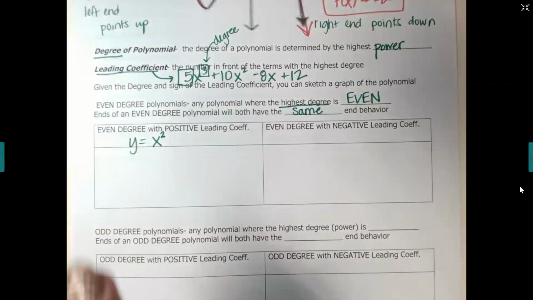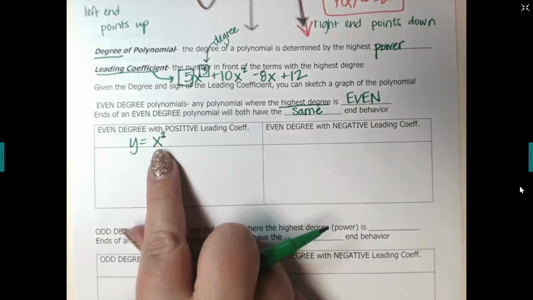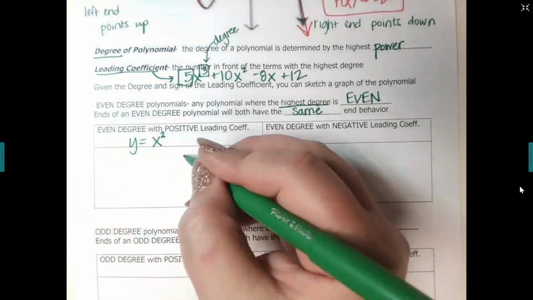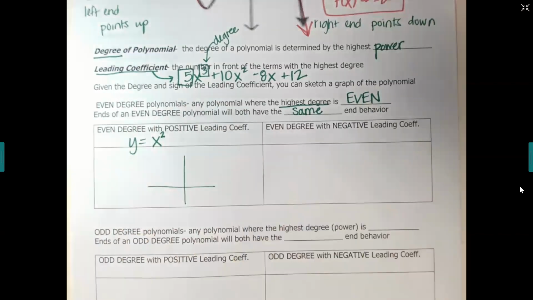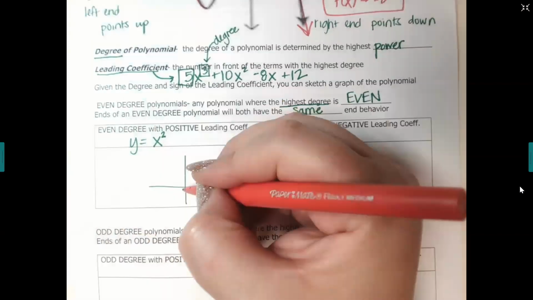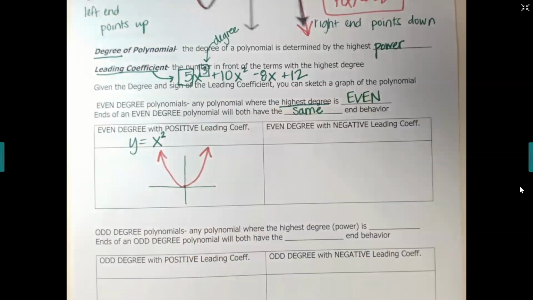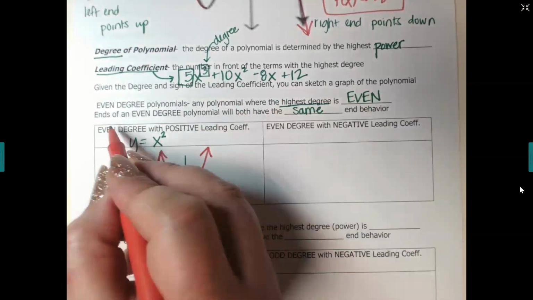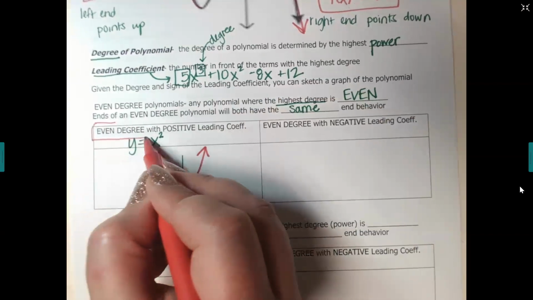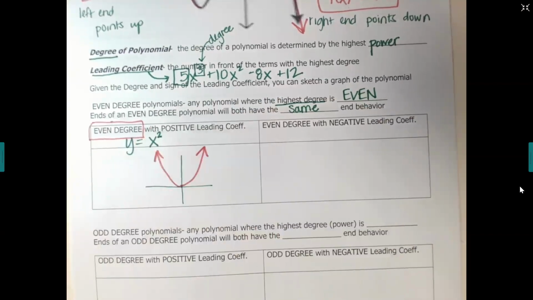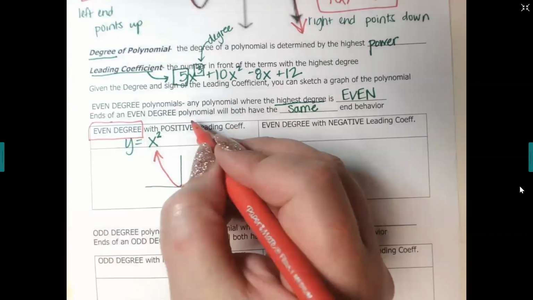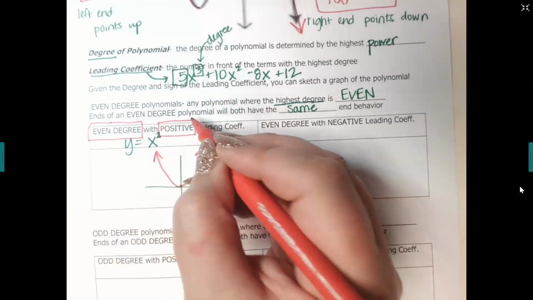If you think about the x squared graph, what way do the ends go? They both go up. The reason that they both go up is because that's an even degree polynomial and the leading coefficient is positive.